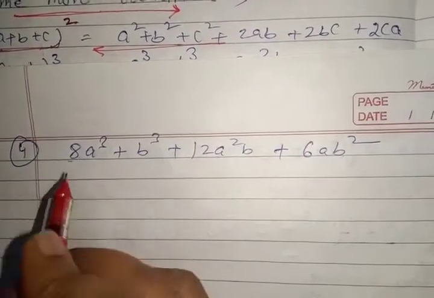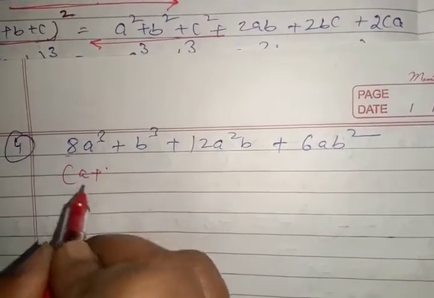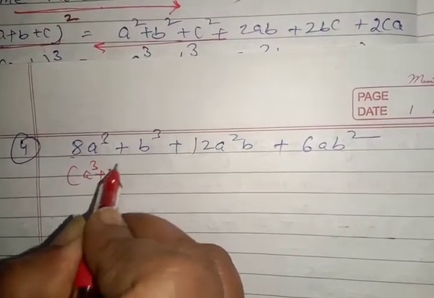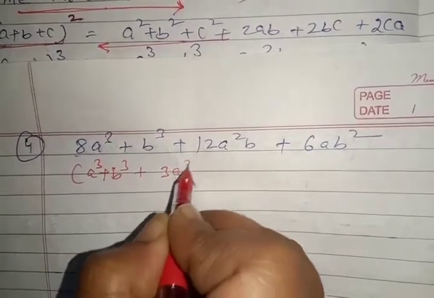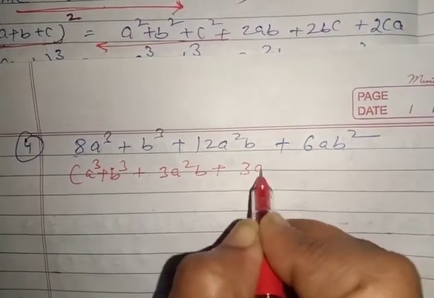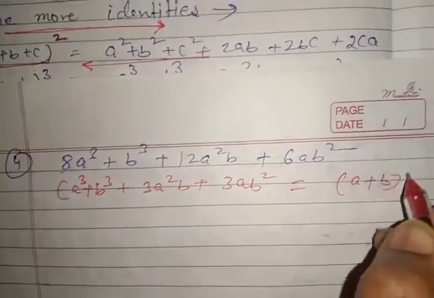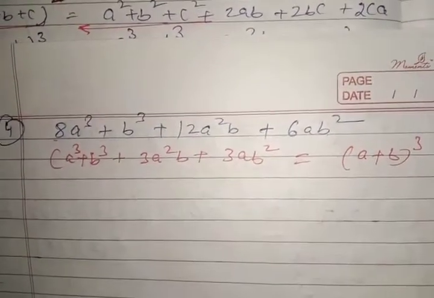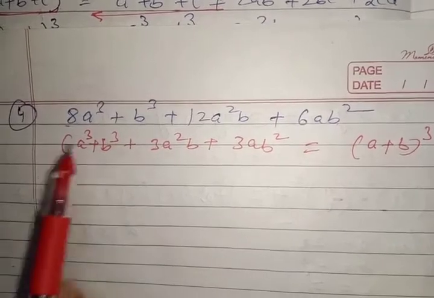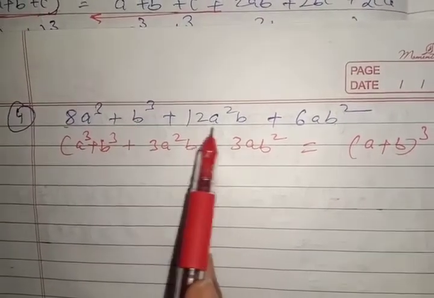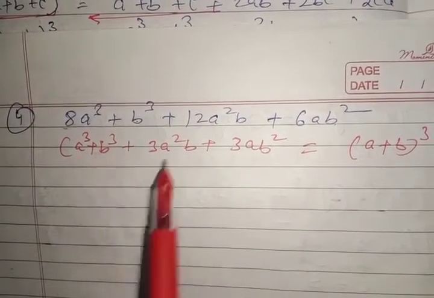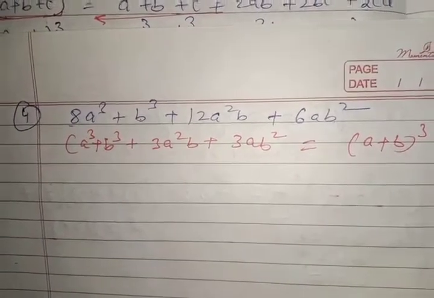So which identity will we use? a cube plus b cube plus 3a square b plus 3ab square gives us a plus b whole cube. Now you can do it on your own. Very easy. This can be written as 2a cube, then b cube, then again a and b. The answer is 2a plus b whole cube.